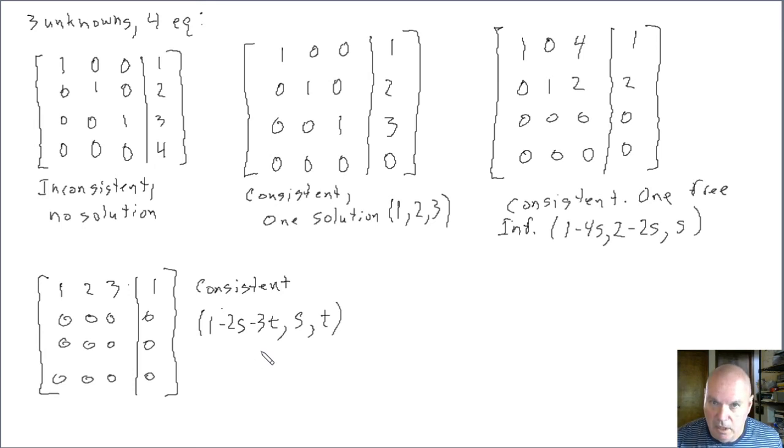Okay, so let's look at another case. This would be the case again when we have more equations than unknowns. It could be inconsistent, could be consistent with one solution, or consistent with an infinite number of solutions. And this would apply for 5 equations, 6 equations, and 3 unknowns as well. Okay, let's look at the 3 unknowns and 3 equations case.